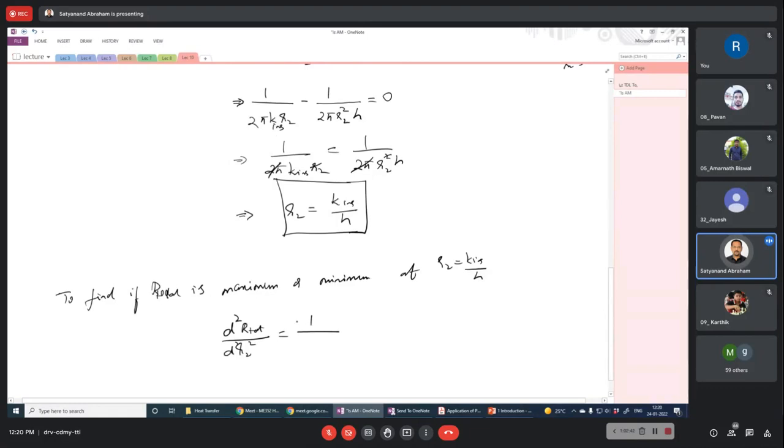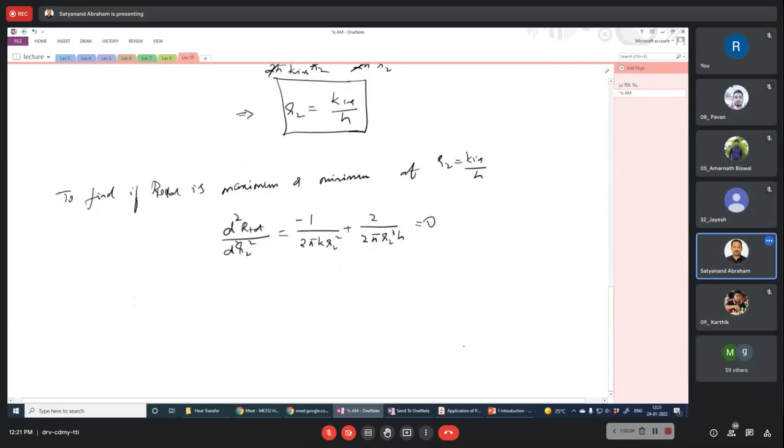That gives us minus 1 by 2 pi K R2 square, then minus 2 over here, so plus 2 by n x raised to n minus 1, 2 pi R2 cube into H. Now put R2 equal to K insulation by H. Here K means K insulation, so we put R2 as K insulation and do everything.